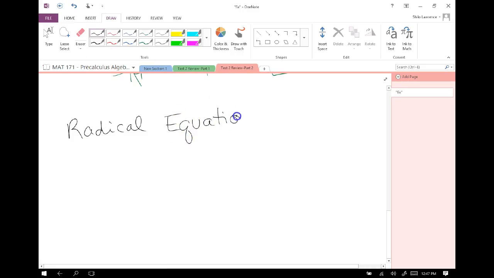And we've worked a little bit with radicals already. We've used square roots to cancel off squares because squares and square roots are opposite operations.